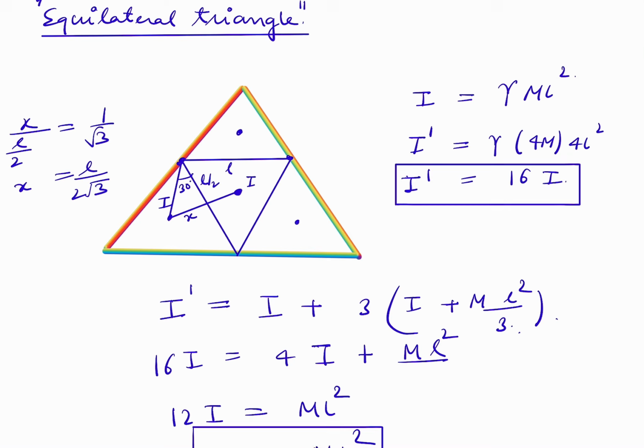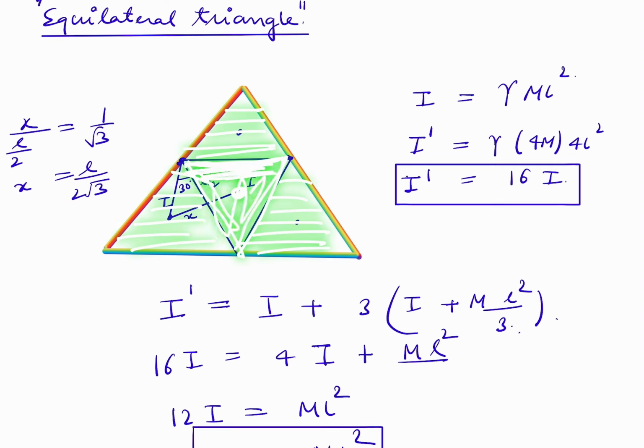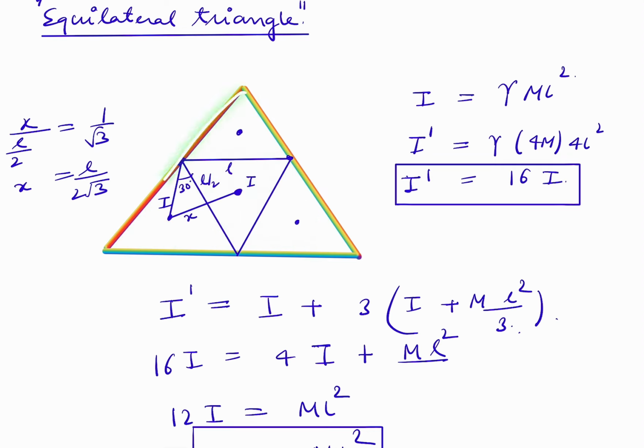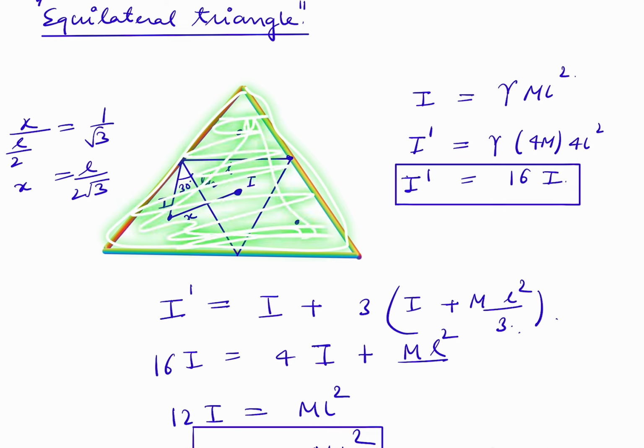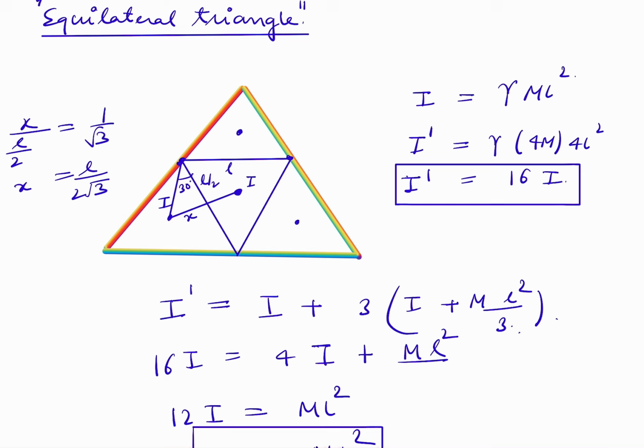Now see, I have added 3 more laminas such that if I talk about what was the initial figure, equilateral triangle. Okay, now after adding symmetrical distribution, what does it remain? It remains an equilateral triangle only, no? So the formula would not change. If this mass is m, all of them have mass m, so total mass would become 4m.